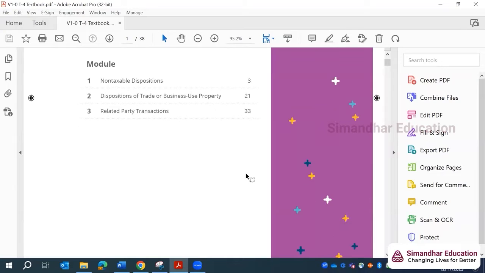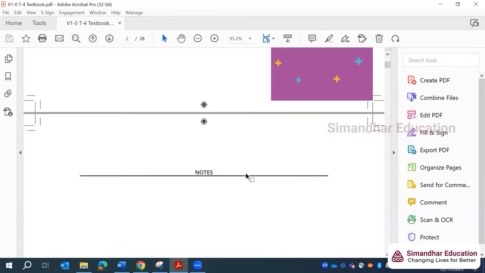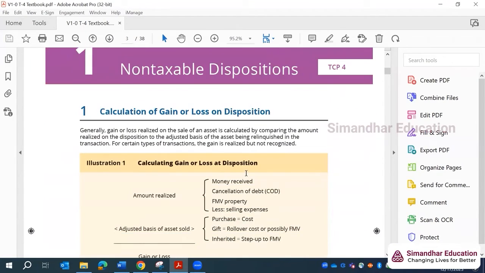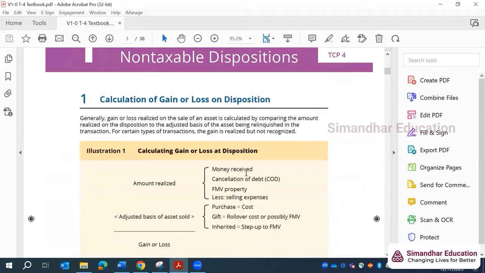All right, so now let's get started with our first topic, which is our non-taxable dispositions. Now remember that unless the law specifically calls out or tells you that this transaction is non-taxable, everything else is a taxable transaction.